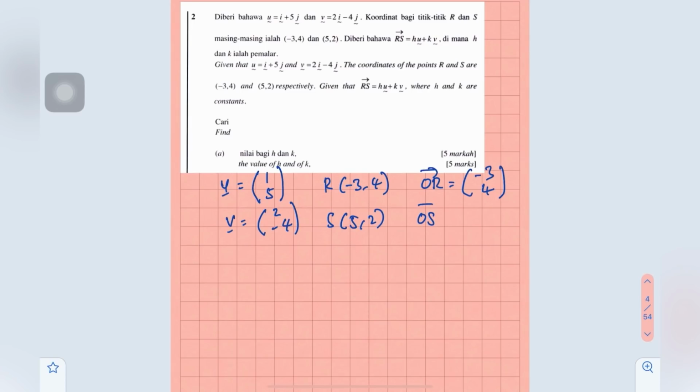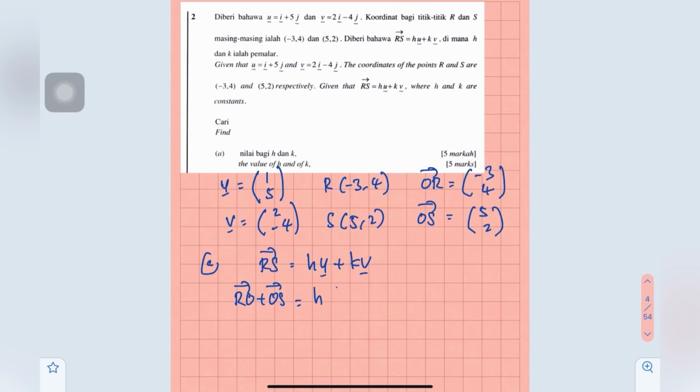So OS, okay, from origin, the vector become 5, 2. Okay, lepas tu dia bagi dekat situ vector RS equals hu plus kv. Okay, first of all, kita kena buat resultant vector for RS. So, RS is RO plus OS.